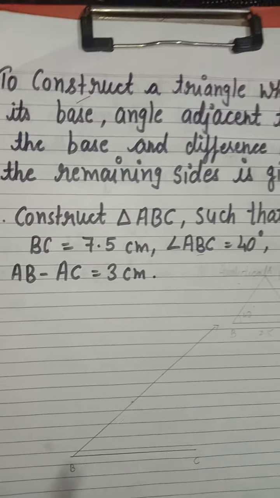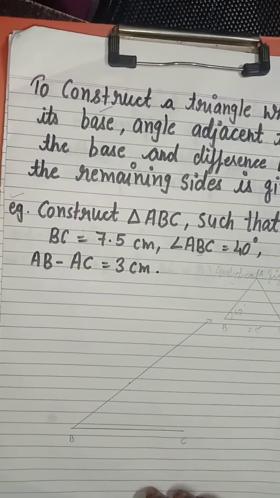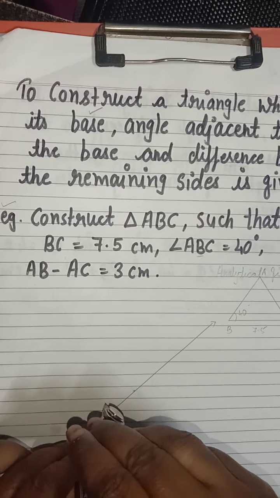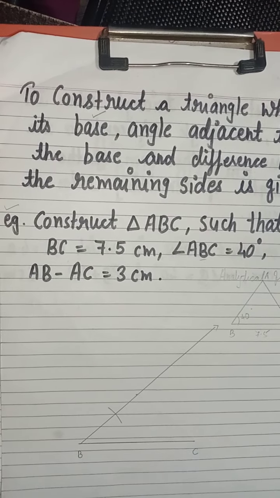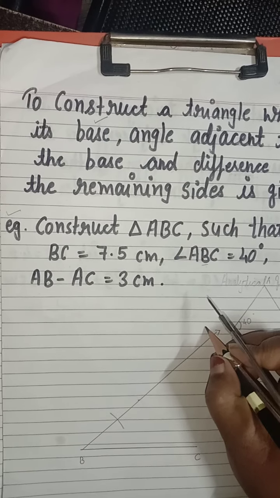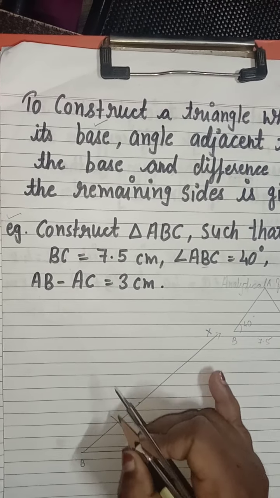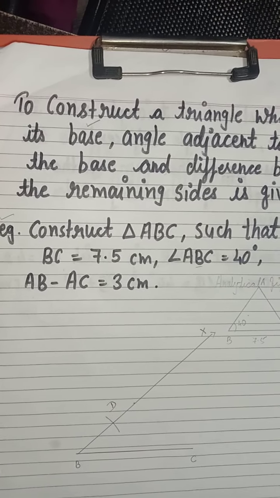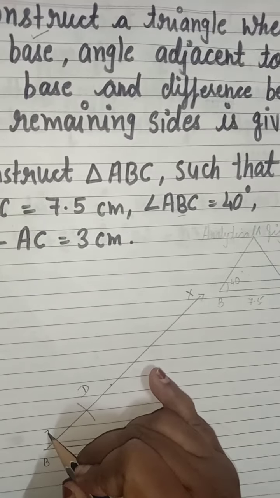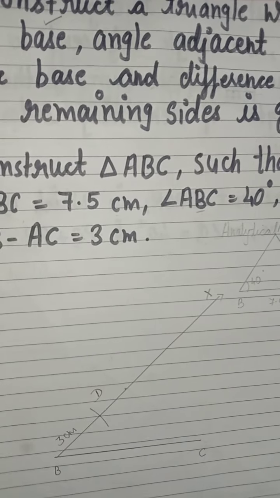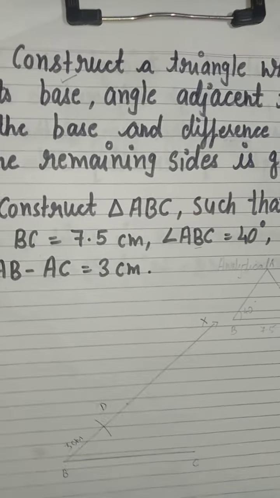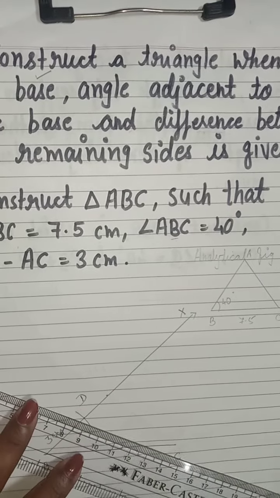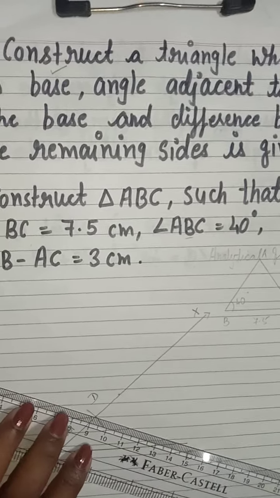Now I will take this 3 centimeter from vertex B along the ray. I can give X here and D here, you can give any name, no problem. So this is nothing but the 3 centimeter difference. After that, this point D we are going to join with C.